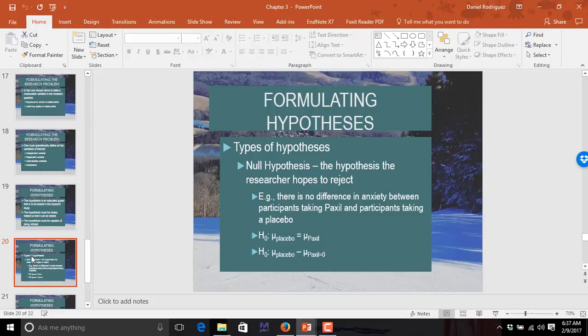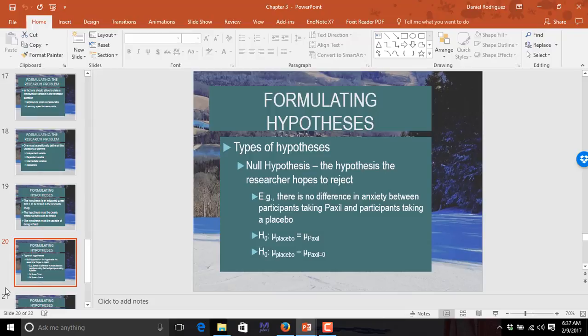Now let's look at this globally here. If I was actually doing a study to test whether or not Paxil works at reducing anxiety, I would do this study as follows. I'd have a pre-test where I would test participants in anxiety before receiving the drug or the placebo, and then I'd do a post-test, right? But at both times, I would be comparing the Paxil group to the placebo group.